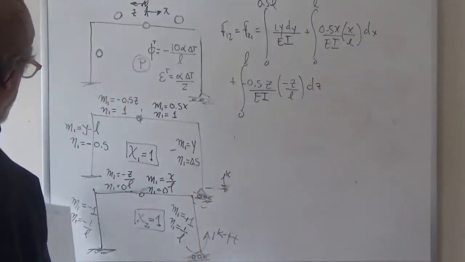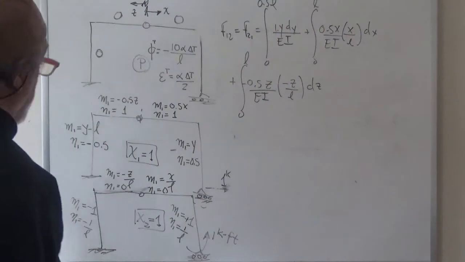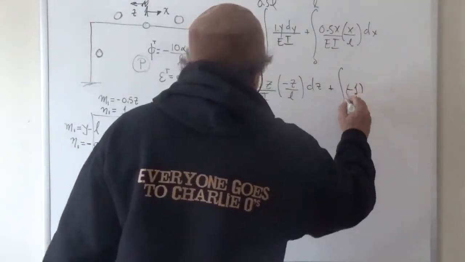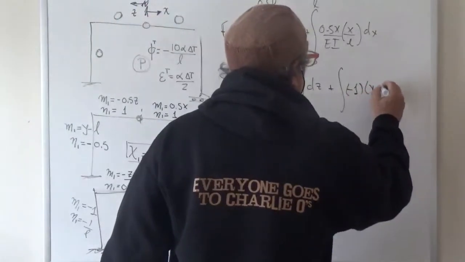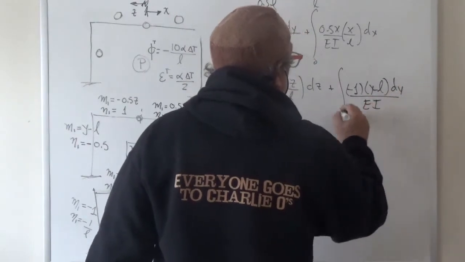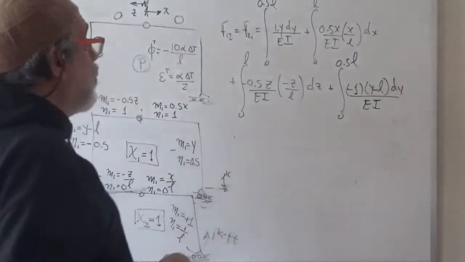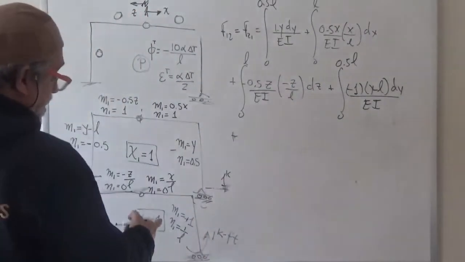And finally this bar, minus 1 multiplied times y minus L, dy over EI from 0 to 0.5 L. Those are the 4 bending terms. Now come the axial terms.